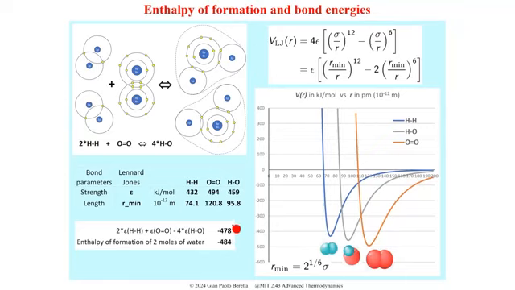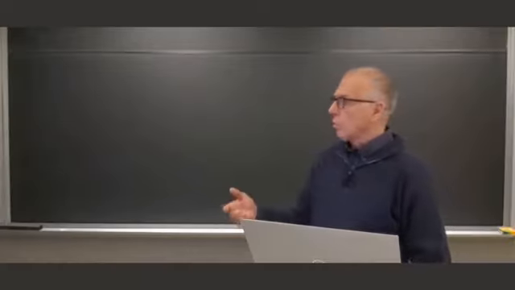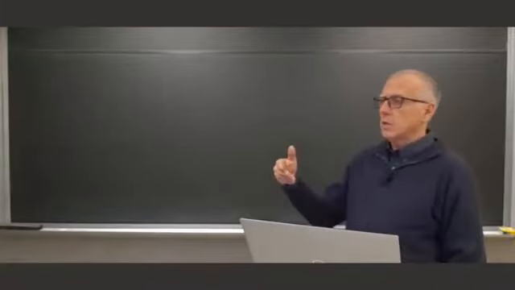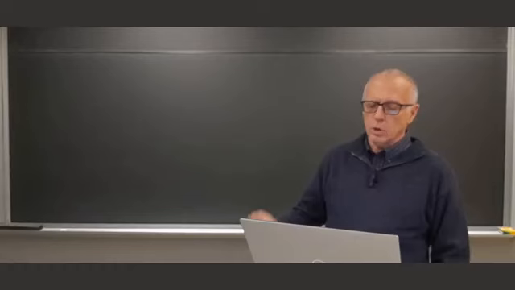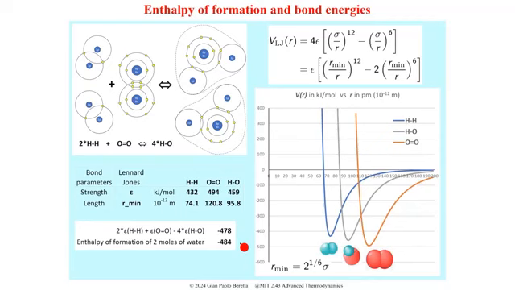stays mostly in the fact that whereas the bonds are computed at 0 Kelvin, the enthalpies of formation are listed at standard temperature and pressure. So you have to correct in going from here to here for the specific heats from 0 temperature to 298 K. And if you do that correction, you get closer to this number.